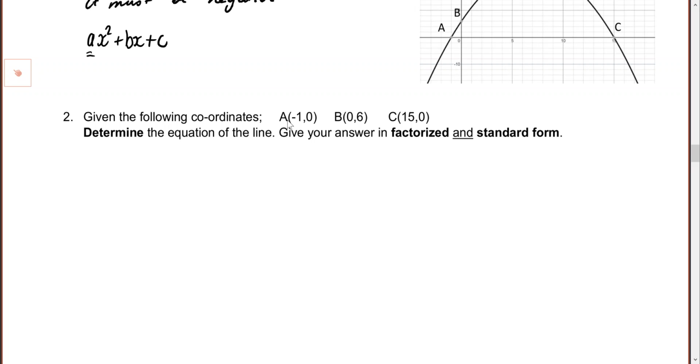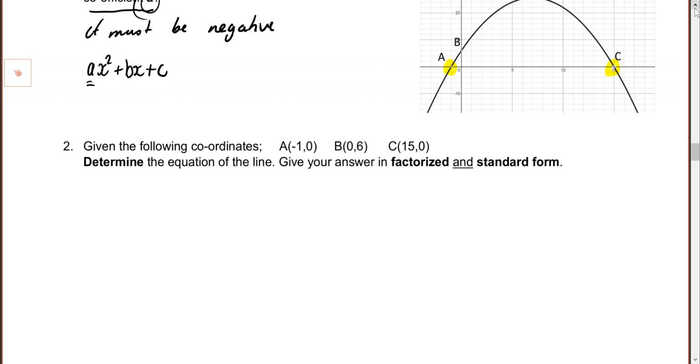Well, because you're given 3 coordinates. 2 of those coordinates, here and here, are where the curve crosses the axis. So you know that's where the factorized form relates to.